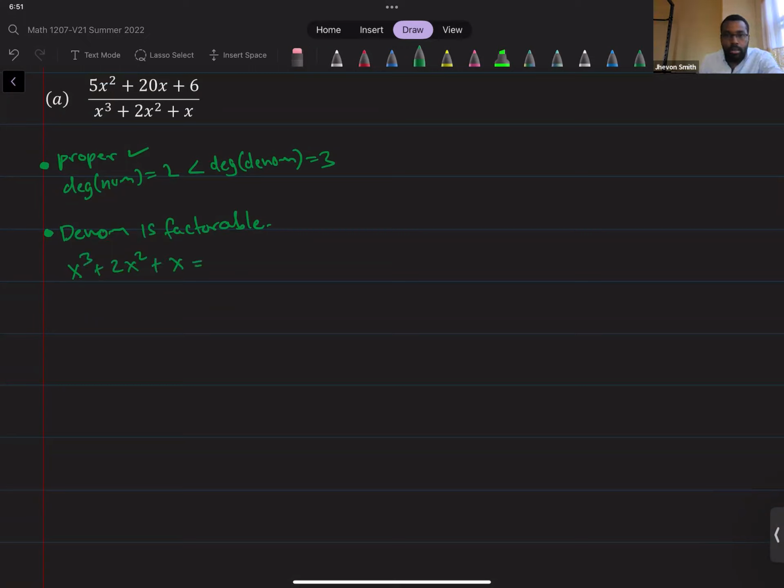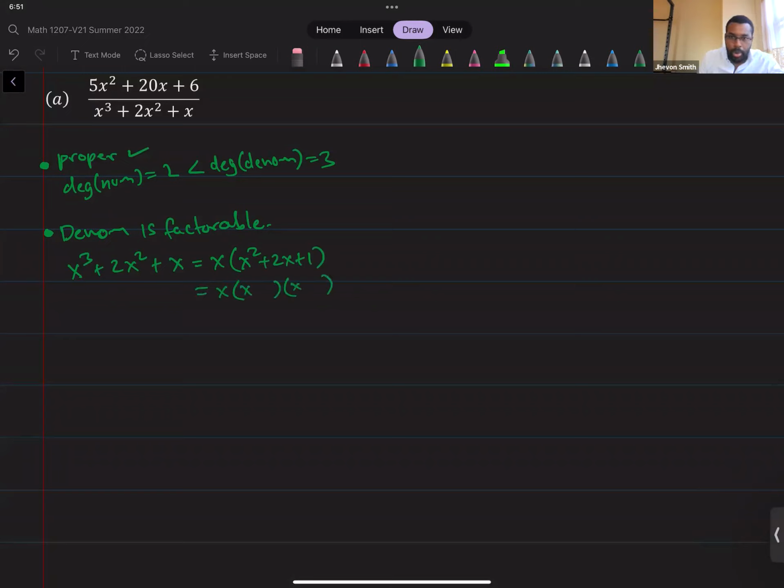If you had to factor that fully, what would that look like? x times (x plus 1) squared. All right, x times (x plus 1) squared. You'd factor out the x first, and you'd get that.